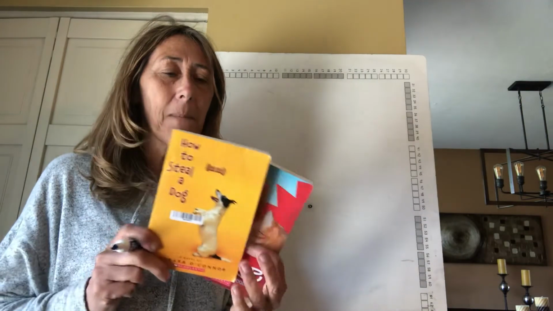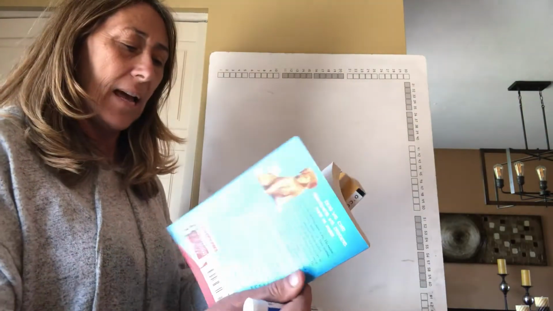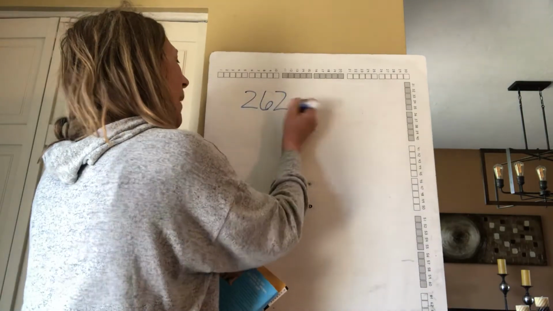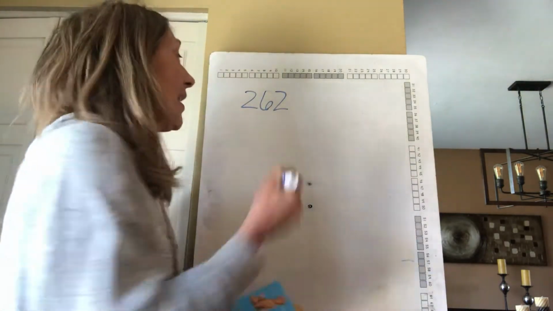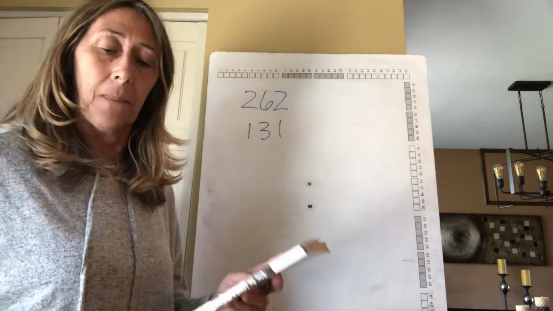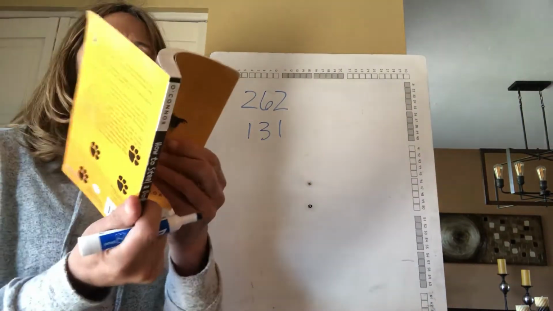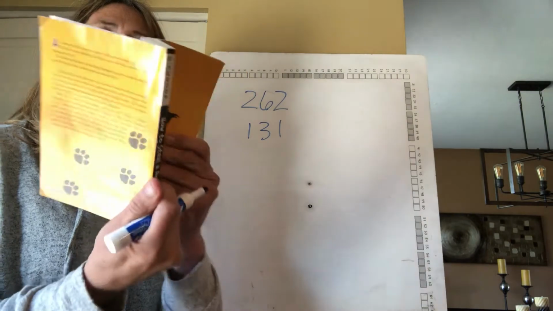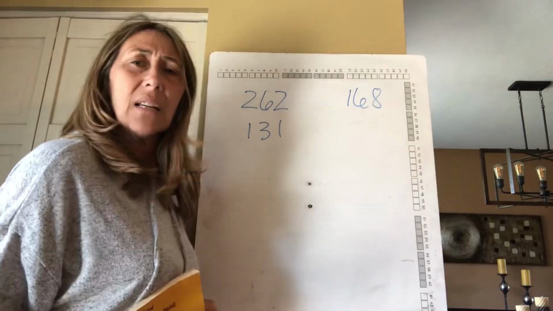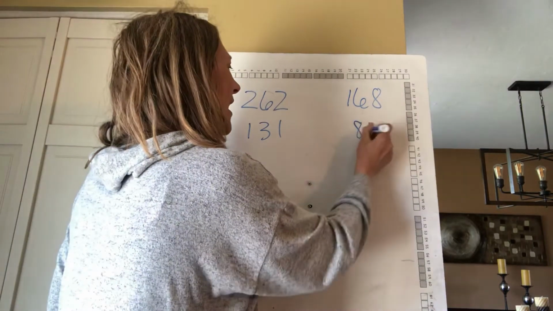Are both halves going to be the same? Pet Wars has 262 pages, so half of that would be 131. And this book has 168 pages, so half of that would be 84.